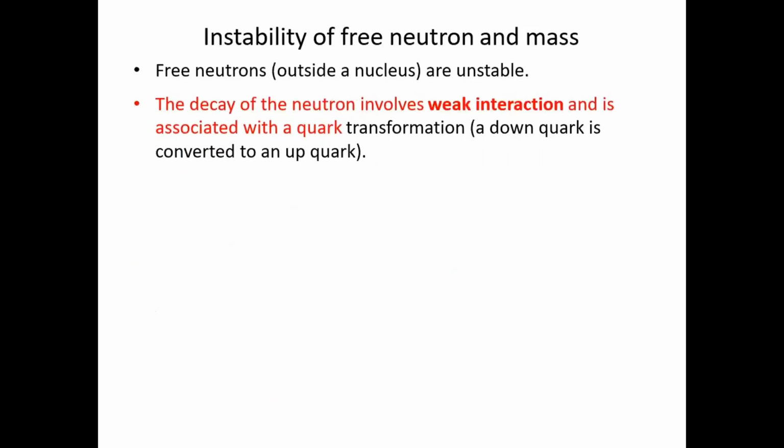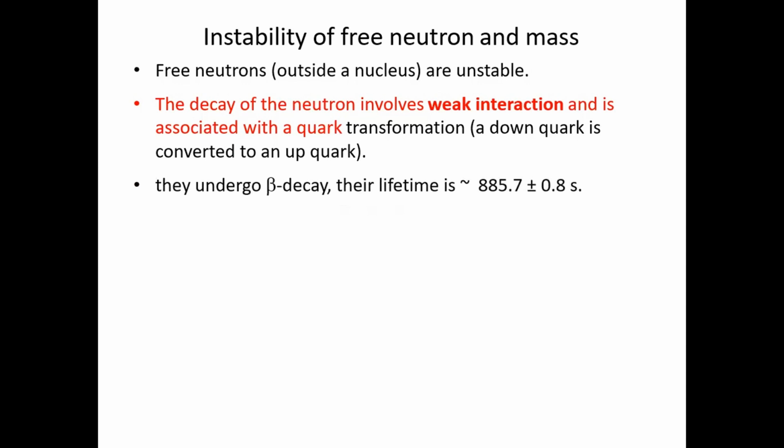If we go through certain properties of the neutrons, we see that the free neutron is unstable, and outside nucleus it will decay. The decay of the neutron involves basically a weak interaction, and it is associated with a quark transformation. A down quark is converted into up quark, and that's what we know very well after the quark theory came and the weak interaction was thoroughly explained.